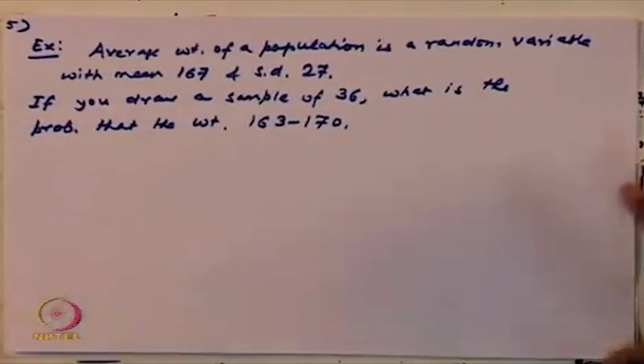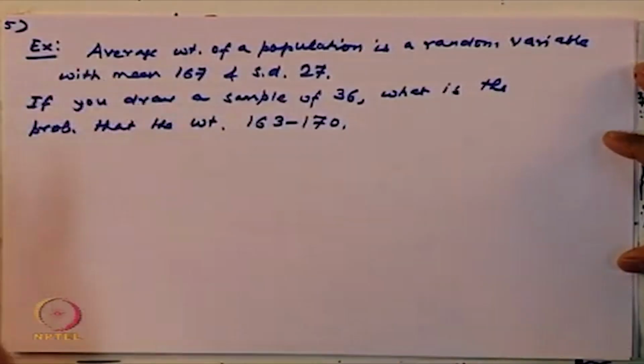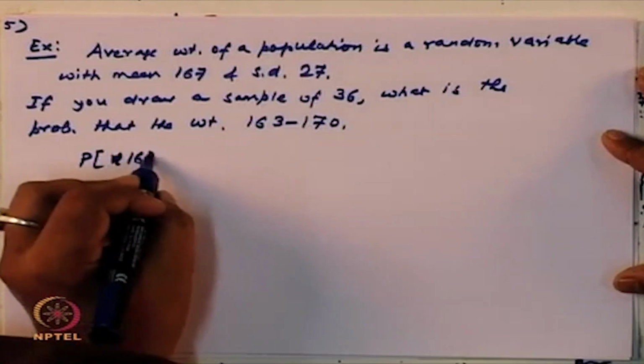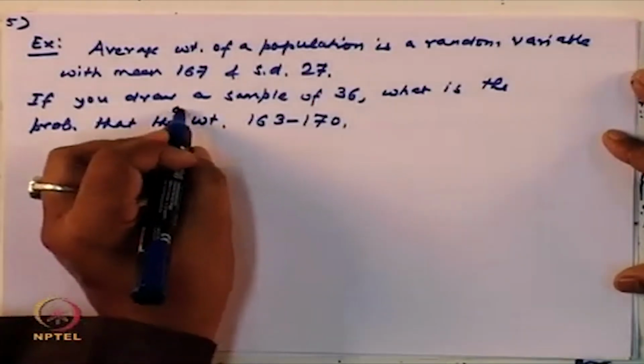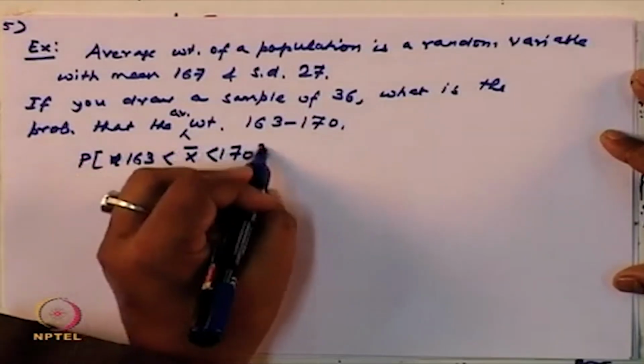Okay. So, we want to calculate the average weight lying between 163 and 170. So, we want to calculate 163 less than x bar less than 170.